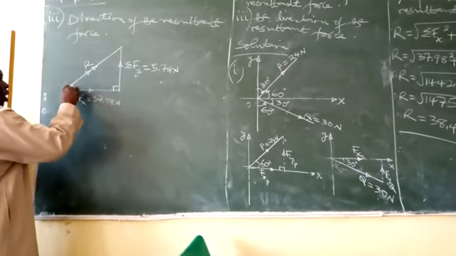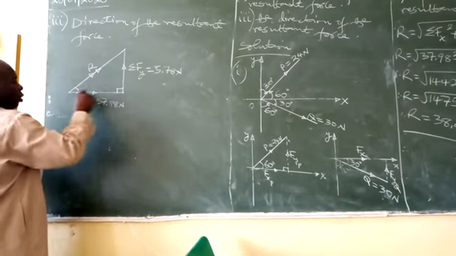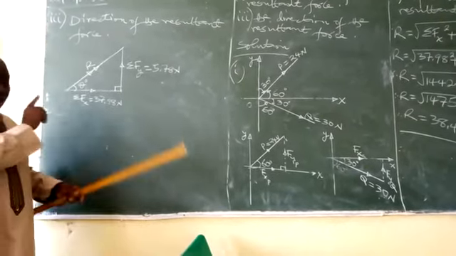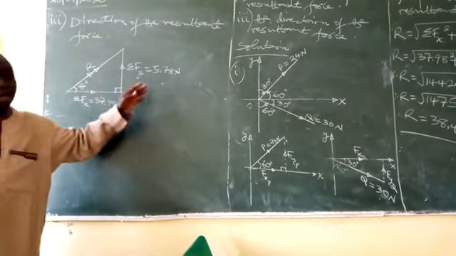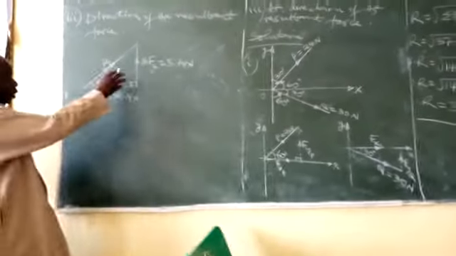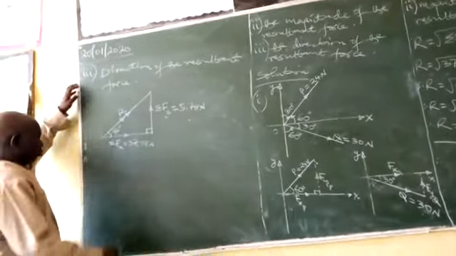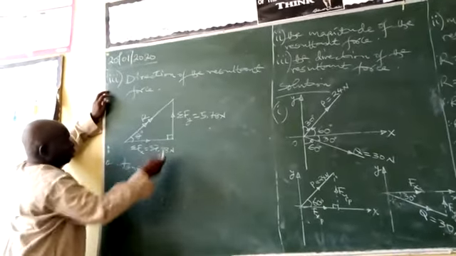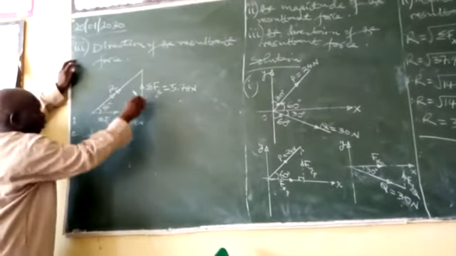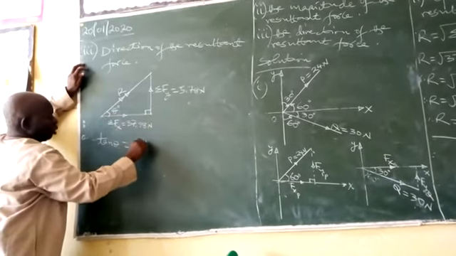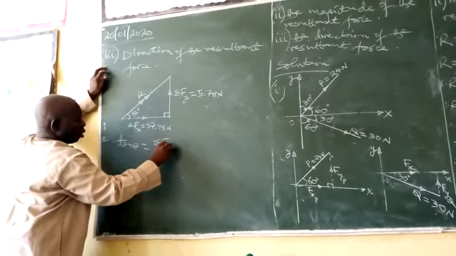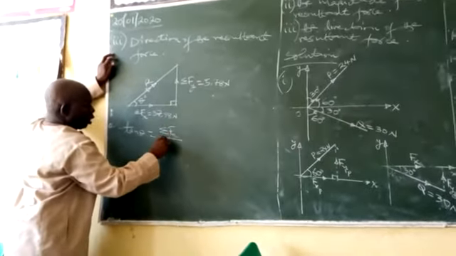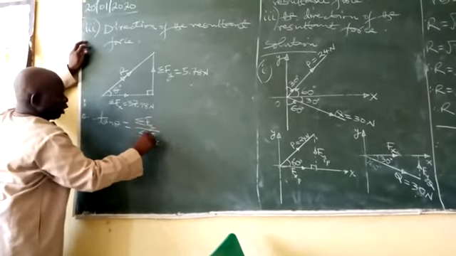So now, let the angle between the resultant and the horizontal be theta degrees. Now I'm calculating the direction. The question is, find the direction of the resultant first. So this is how to go about it. Tan theta in this right angle triangle will be opposite over adjacent. So that is summation F sub y over summation F sub x.